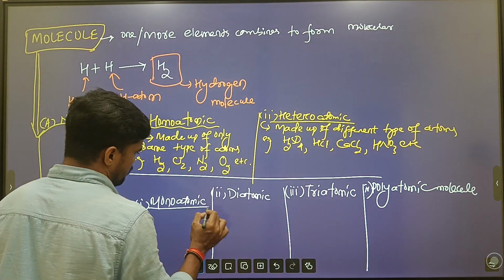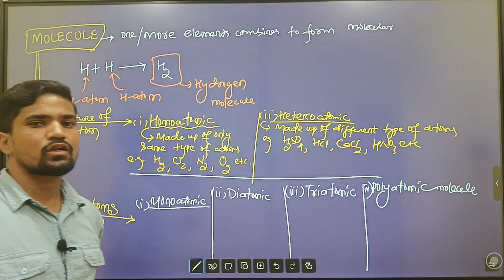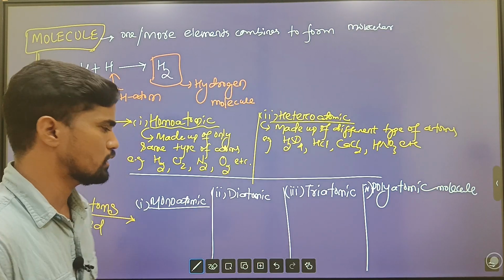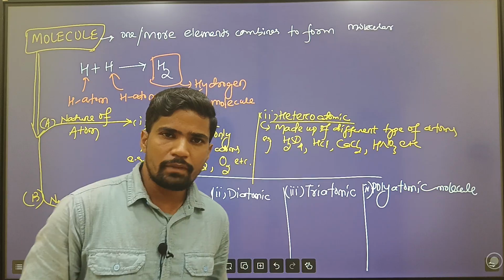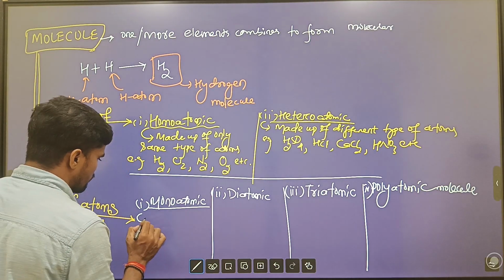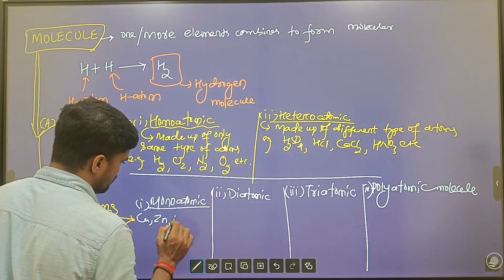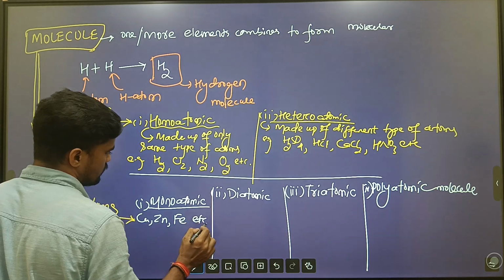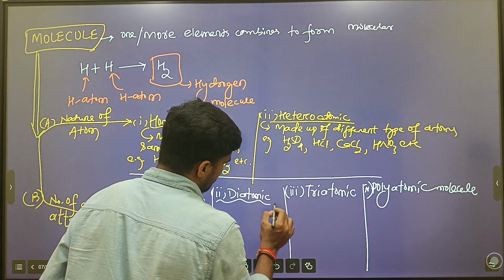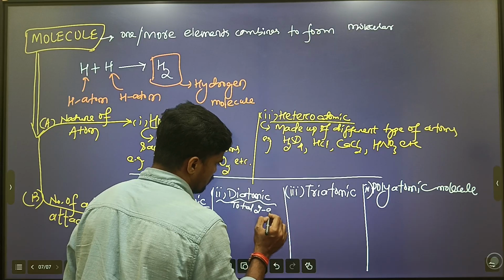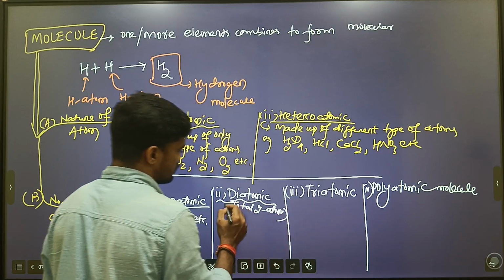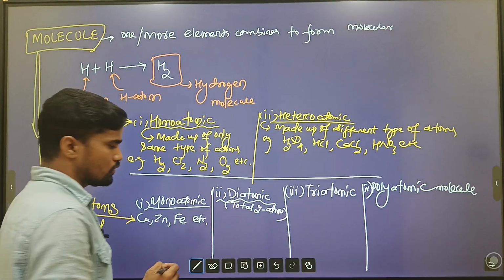So monoatomic means the molecule which contains only one atom. These are atoms which exist independently, for example copper, zinc, iron, etc. Diatomic means total two atoms present.